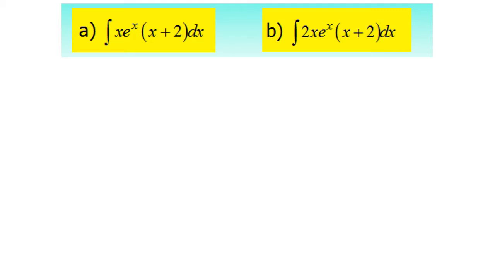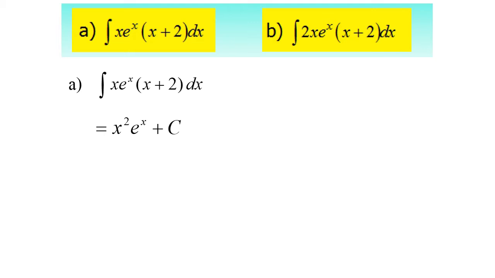Okay, for part A here, if we integrate x e^x (x plus 2) dx, we're going to have x squared e^x plus c. By going back to the definition of integration, which is antiderivative, or the reverse of differentiation.